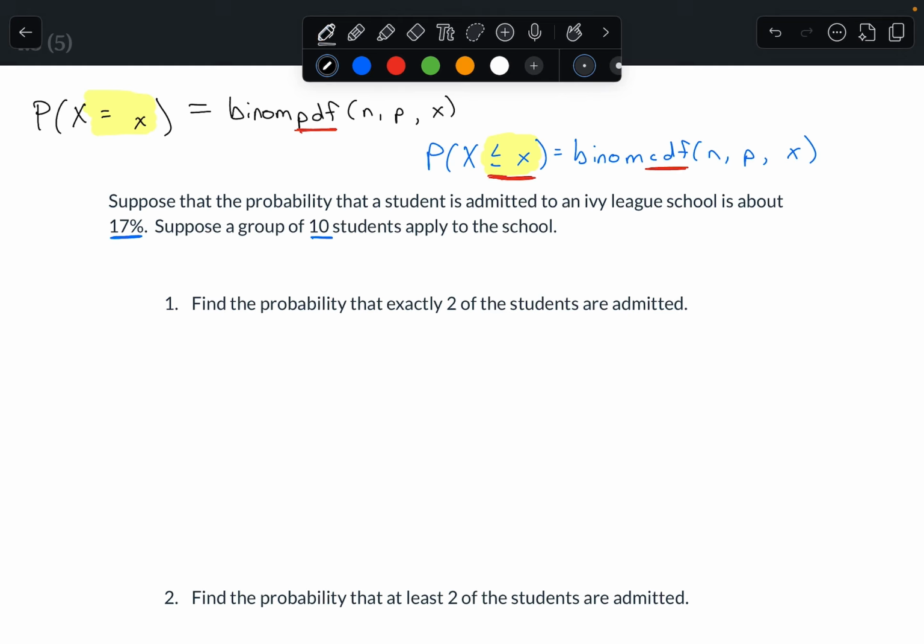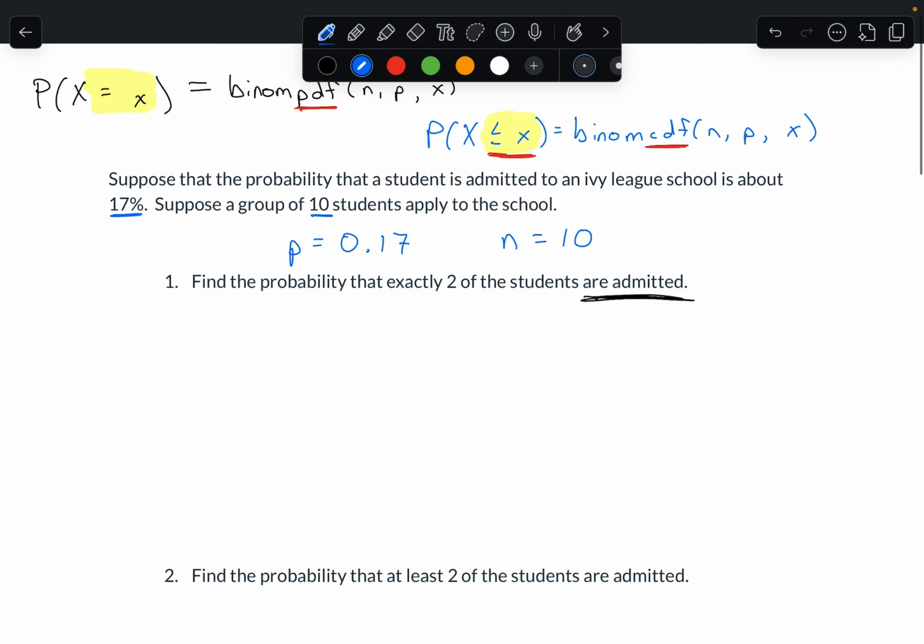In this case, I'm going to define a success as they are admitted to the school. So the probability of success is P equal to 17% or 0.17, and I have 10 students that want to apply, so I have N equals 10 trials.